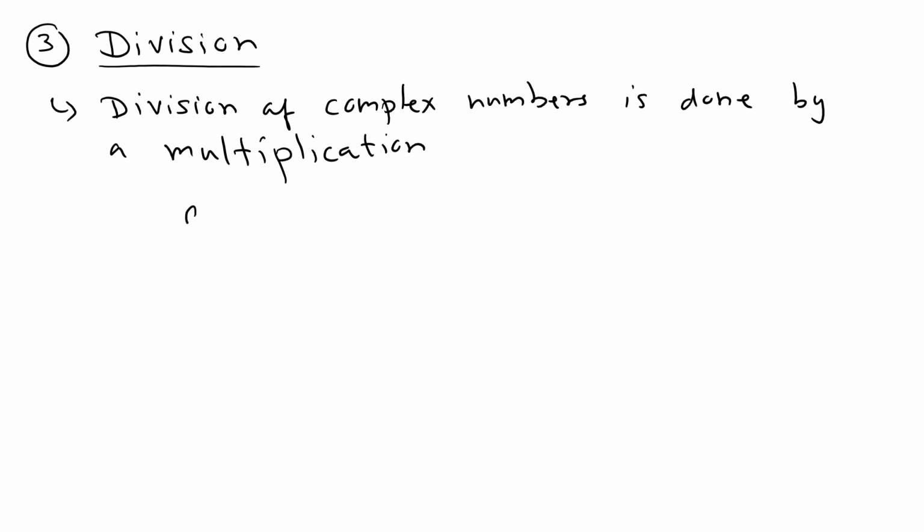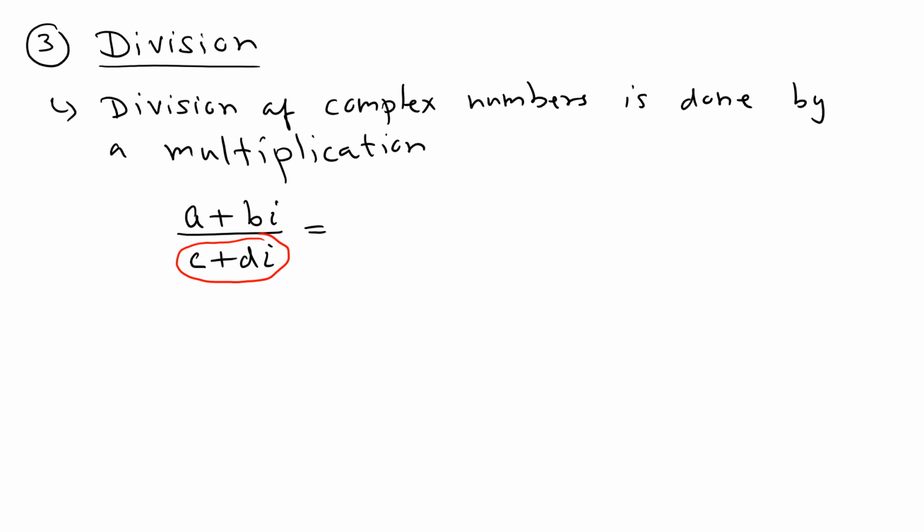So for example, if we have a plus bi over c plus di, remember in the previous problem, when you multiply by the conjugate, you get a real number. That's exactly the same argument we're going to use. We're going to multiply by the conjugate of the denominator, because when you do that, you get a real number.